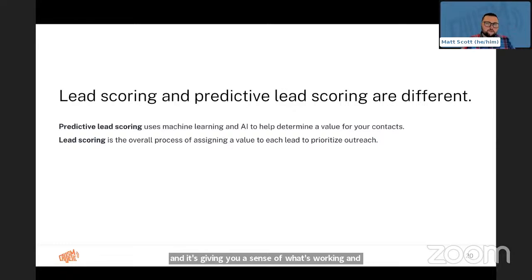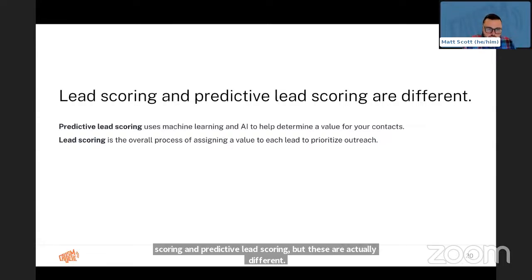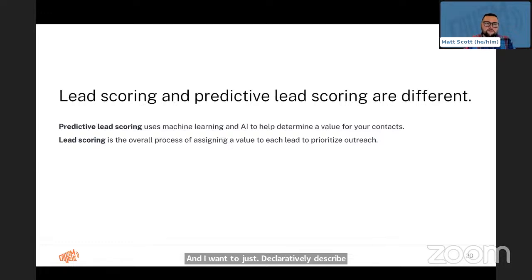So it sounds like there's some similarities between lead scoring and predictive lead scoring, but these are actually different, and I want to just declaratively describe what the difference is between them, right? Predictive lead scoring uses machine learning and AI to help you determine the value of your contacts. That value is based off of their likelihood to give, meaning their interest, and their capacity to give, the actual ability to come up with the cash, right?